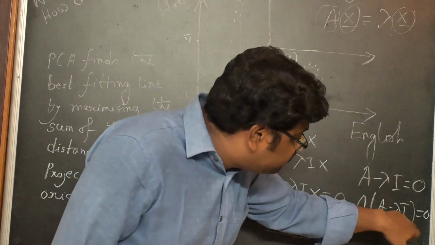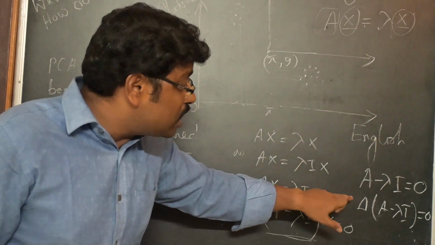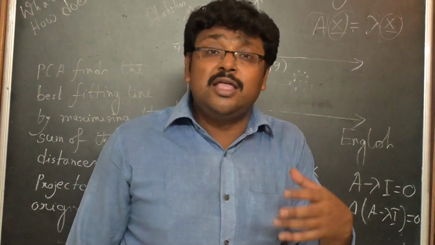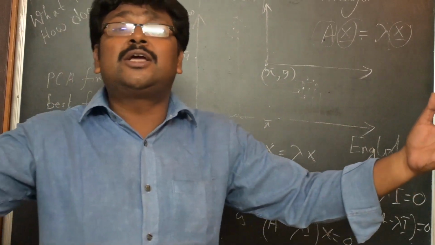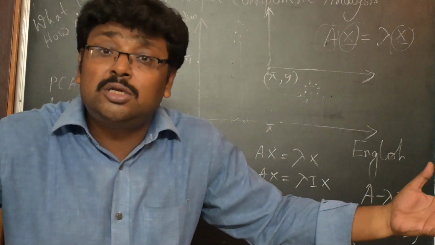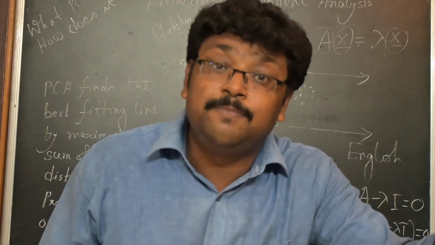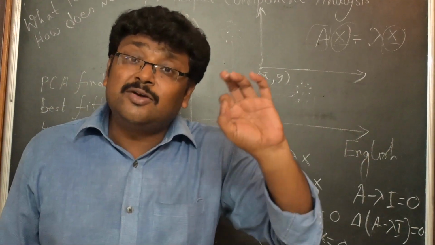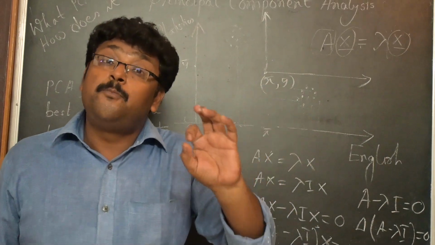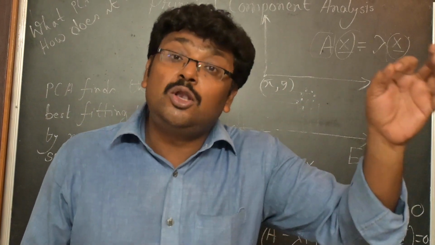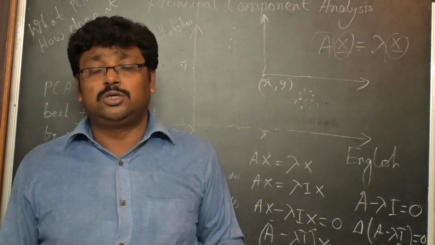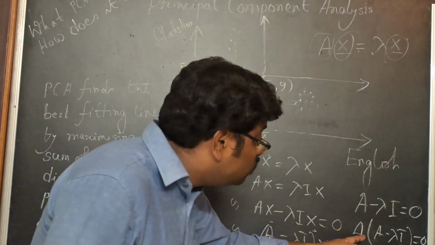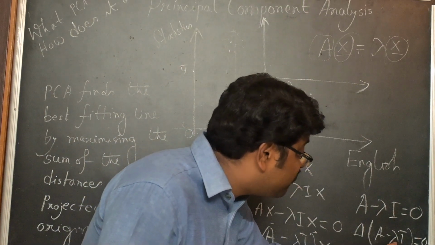By using this formula, you can find the value of lambda. There are two variables, so it is a quadratic equation, and you have two values of lambda. One is greater than the other, and the greater value will be the first principal component, and the lower value will be the second principal component, PC1 and PC2.